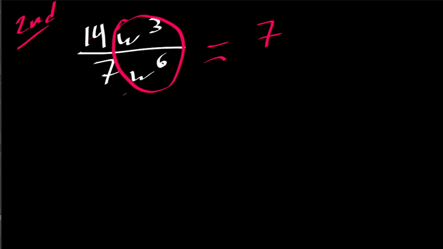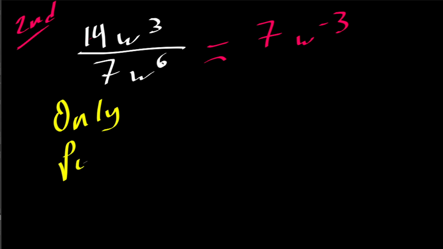Now, w to the third divided by w to the sixth, once again, that's the dividing rule for exponents, which means I subtract these. And if I do 3 minus 6, that's going to give me w to the negative 3. However, once again, let's say it said only positive exponents in the directions. Well, that means that my answer is not finished. So once again, with a negative exponent, you have to make sure that you find the negative exponent and find its base.